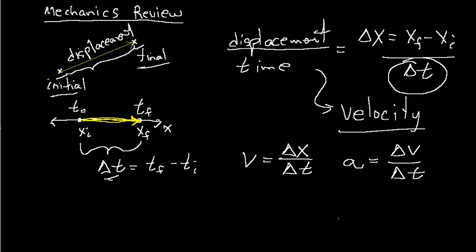In other words, if something is moving and changing its displacement more rapidly, and that rate is increasing or decreasing, you have an acceleration. So we might think of something as going faster or slower or changing its direction, because velocity is a vector quantity, so it could change in a couple of ways. Velocity can either increase, so let's say it can go up, or it can go down.